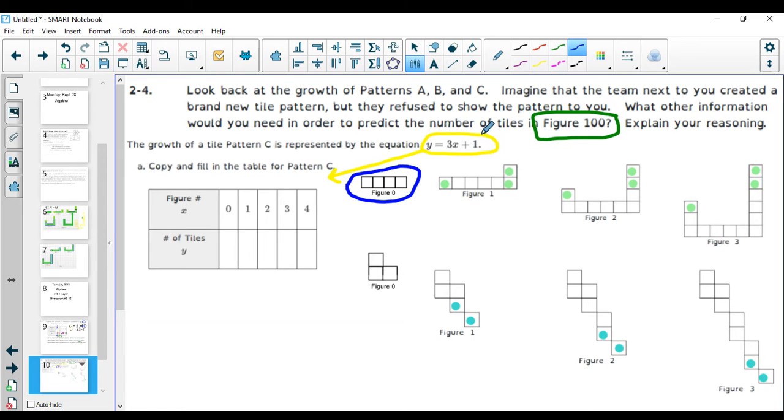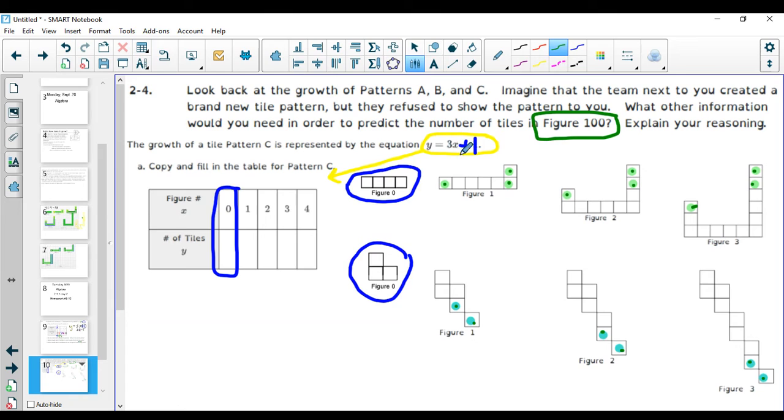Whether we know it from the equation with that value that's being added or subtracted, whether we know it from the picture, or whether we know it from the table, we need to know how many we're starting with. The second thing we need to know is what is it always growing by? Here we had 3 tiles being added every time. Here we had 2 tiles being added to each figure.